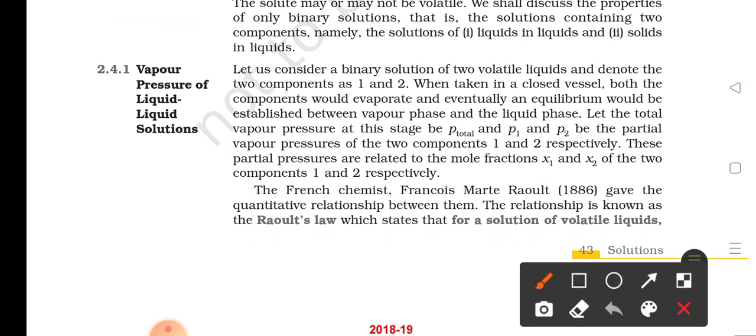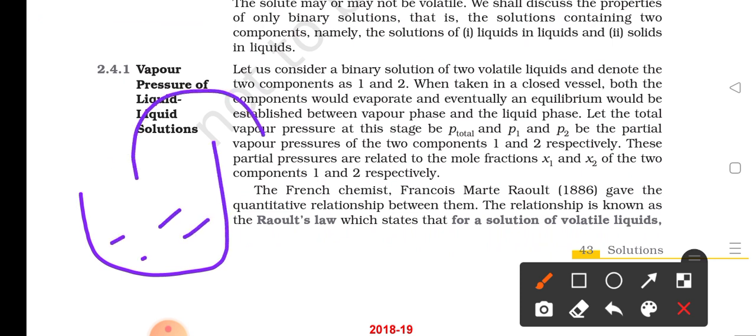Liquid in liquid means if you have a liquid and you add another liquid, then this solution is known as a liquid-liquid solution. So it has two different liquids, so we name them liquid number 1 and liquid number 2.